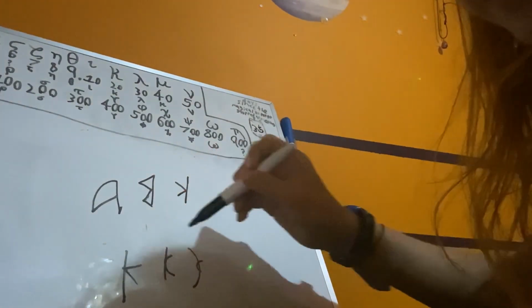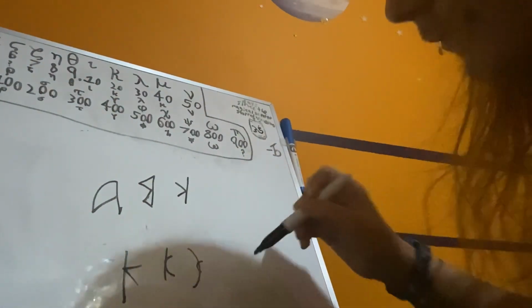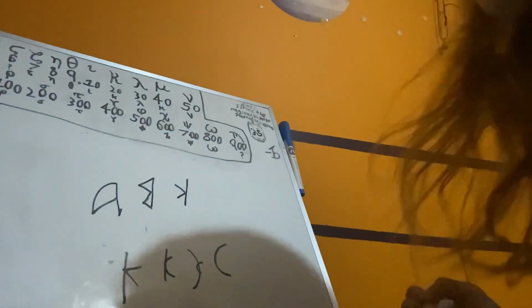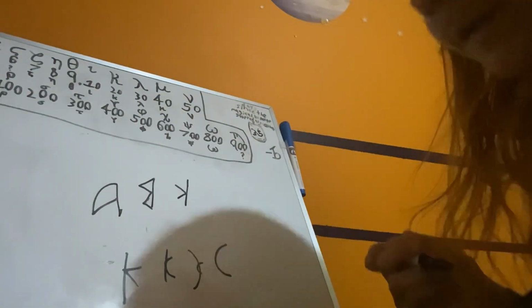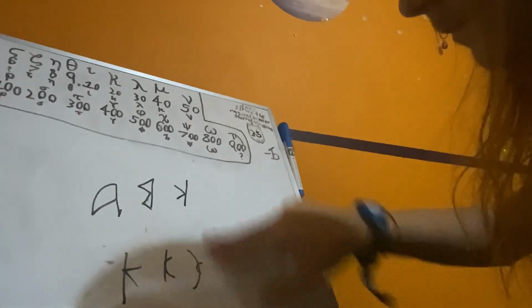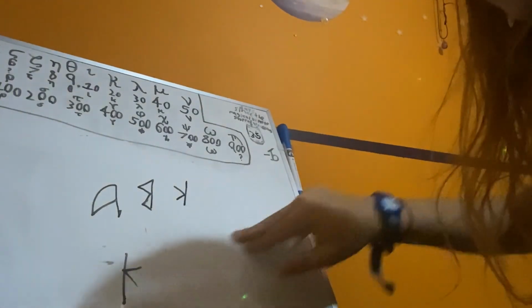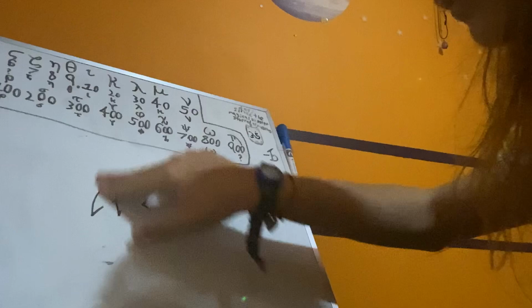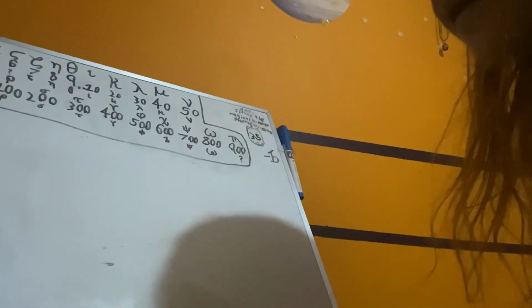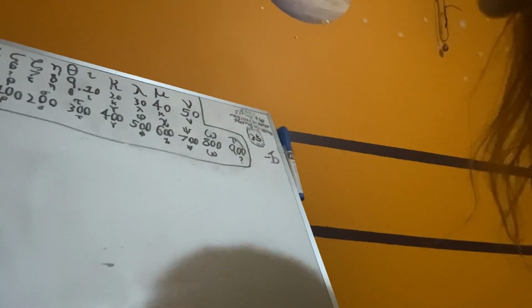Somehow kept more angular for K to make it different from the C, and then C just became this without the extra line because they didn't have that from Greek. That's what I think. And so now it's K and S. And it took its place and moved somewhere else. I don't know how it got to the place it is now.